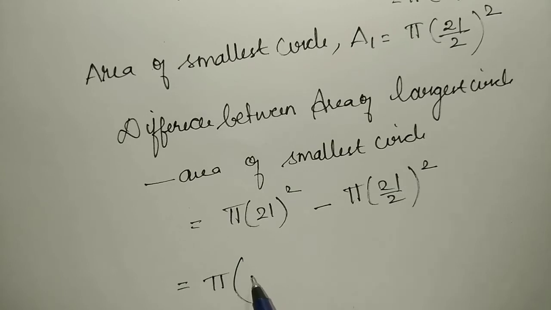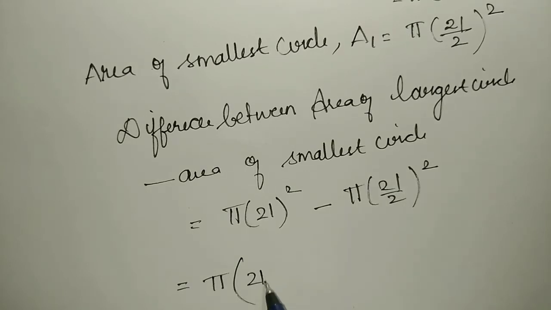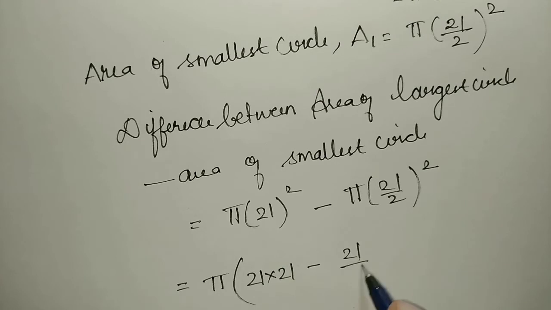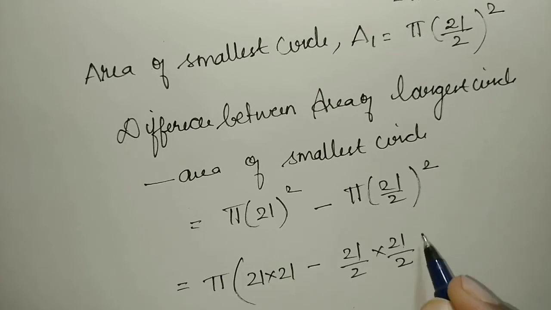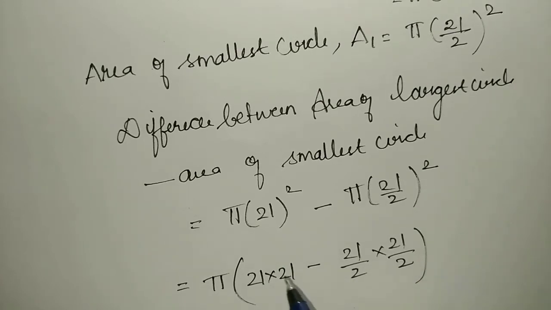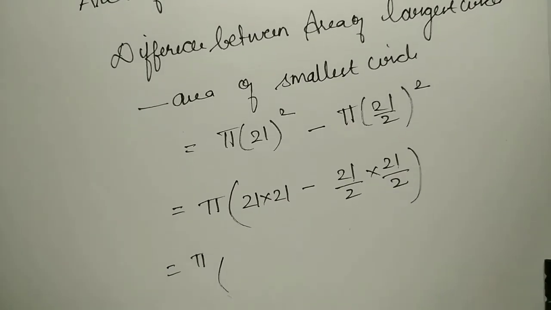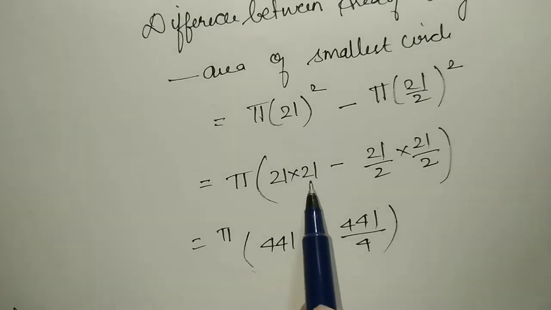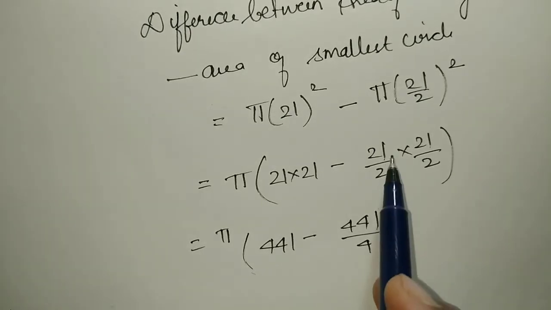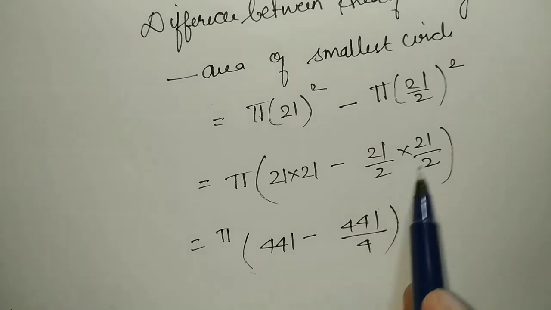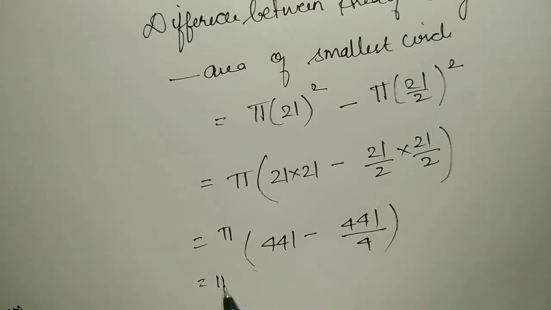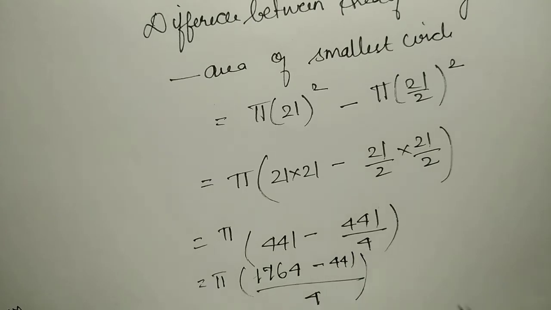21 into 21 minus 21 by 2 into 21 by 2. Pi into, 21 into 21 is 441, minus 441 divided by, 2 twos are 4. So taking LCM we will get 4 into 441, 1764, minus 441, divided by 4, the common LCM.